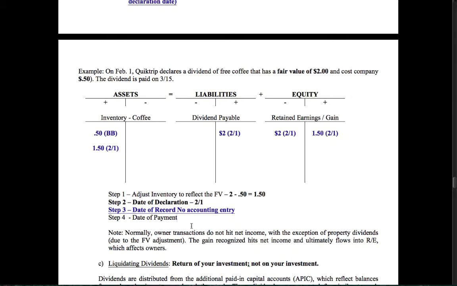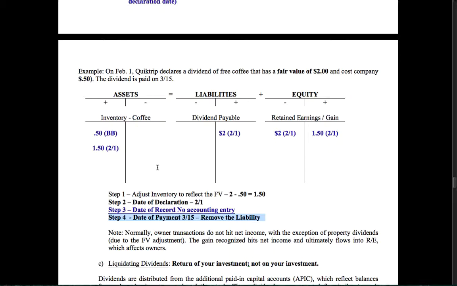Lastly, the date of payment, which is March 15th. And now we need to remove the liability and reflect the outflow of the asset paying the dividend. Whereas in the previous example, cash was what we paid the dividend with, so we removed cash from our balance sheet, in this example, we're removing the inventory that is backing this dividend.